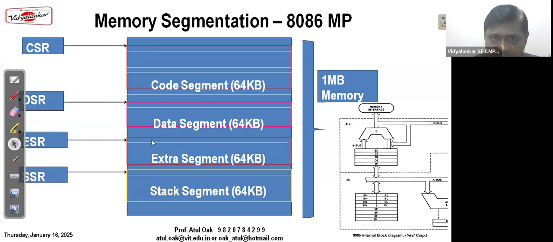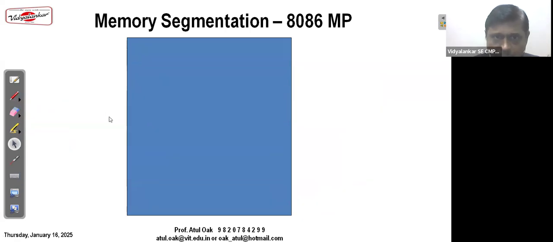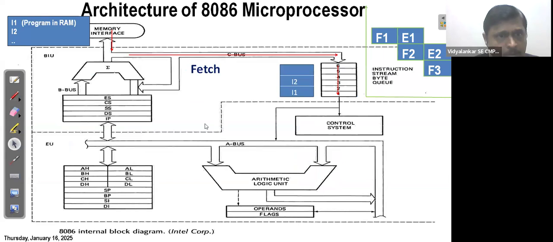Okay, let me map it in our diagram. What do you want to do? Fetch. What do you fetch? Instruction. Instruction is a part of the program, and you store the program in the code segment. This I have already discussed. That means if my processor wants to fetch the instruction, it goes to the code segment, which is 64 KB.